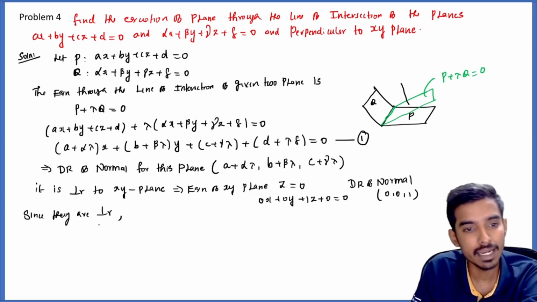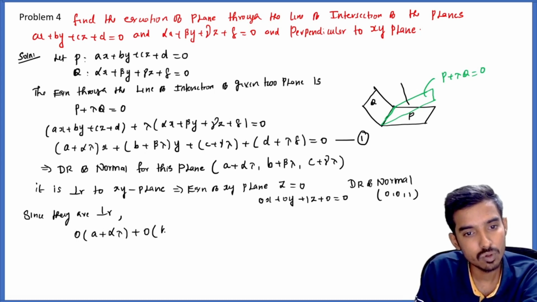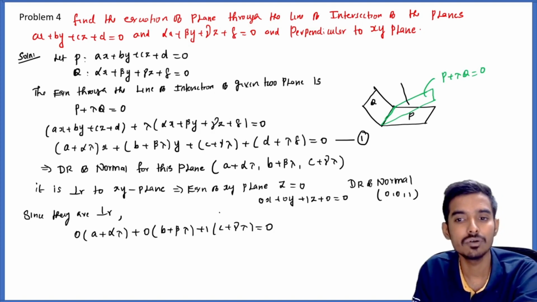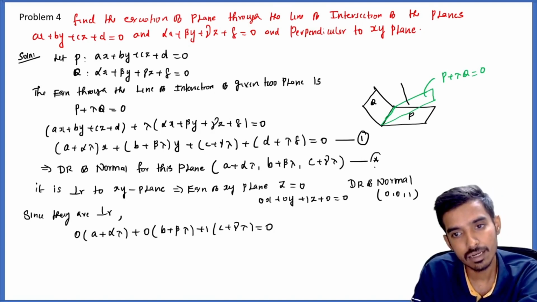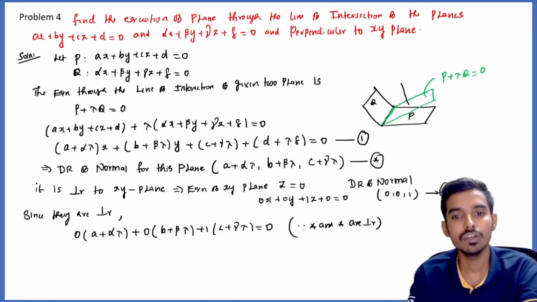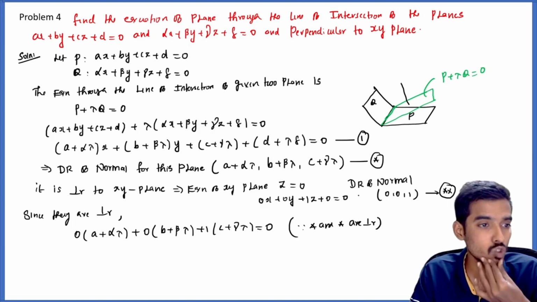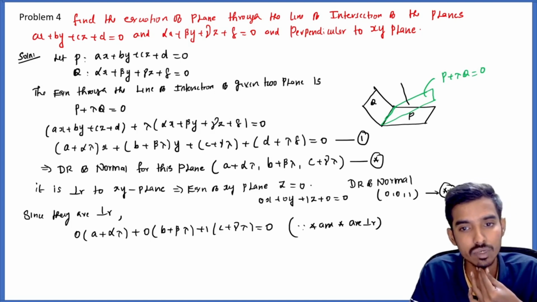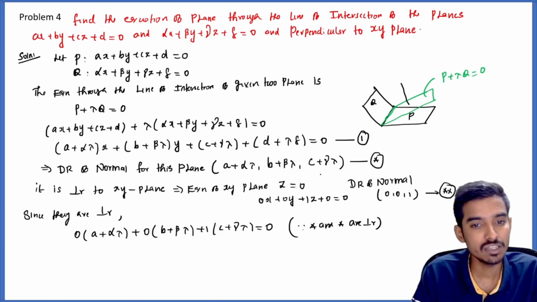Since they are perpendicular, we have A1 into A2 plus B1 into B2 plus C1 into C2 is equal to 0. You can see this star and double star are perpendicular, and we know the direction ratios of their corresponding normals. So A1A2 plus B1B2 plus C1C2 is 0.